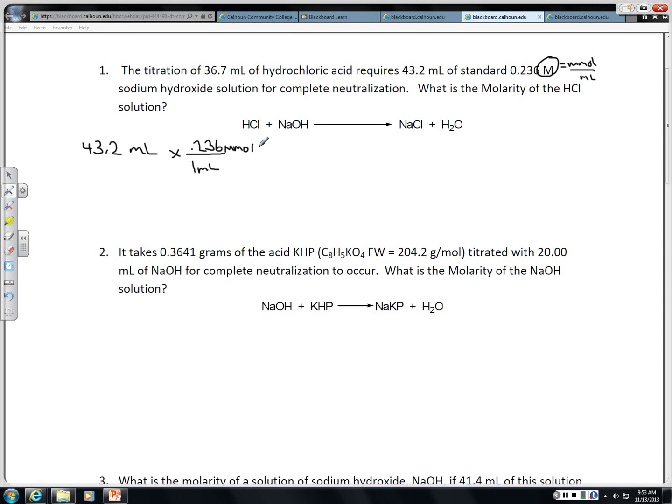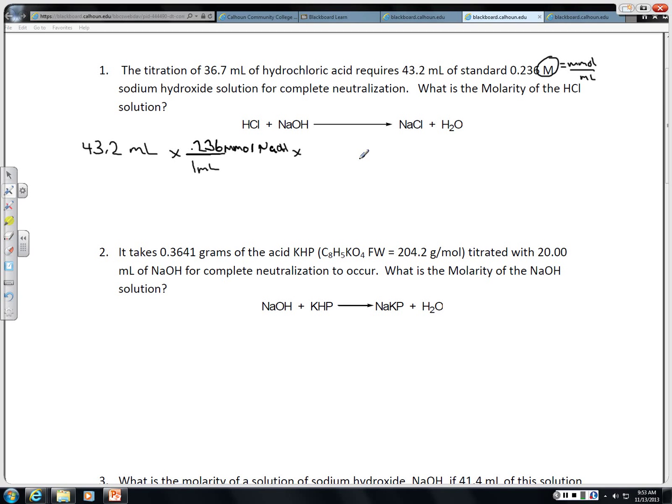Okay, and this is all NaOH. You can put that. So if we take volume, if we rearrange our equation, molarity equals moles over liters or millimoles over milliliters. Molarity times the milliliters will give us millimoles. Okay? So now we have the millimoles of base.